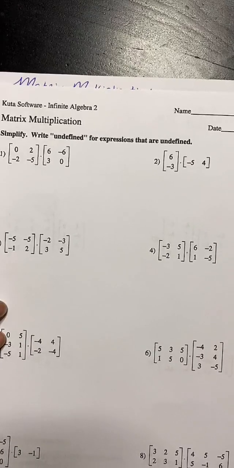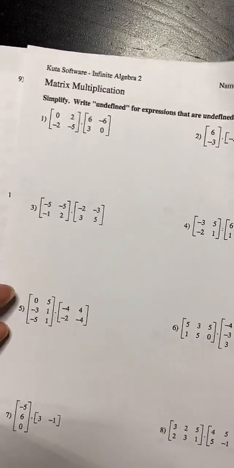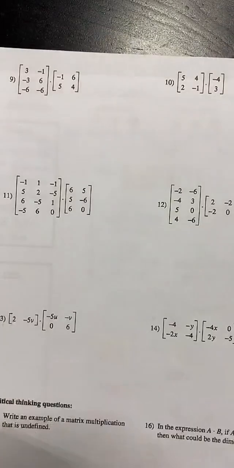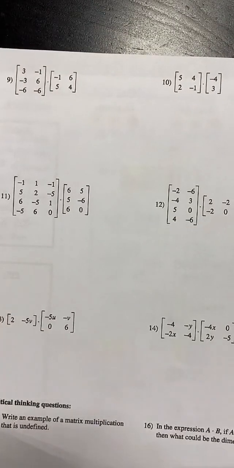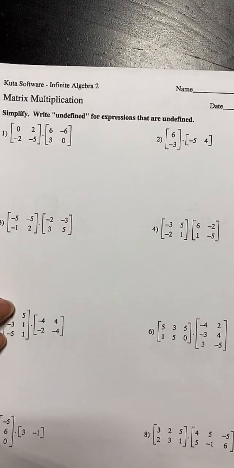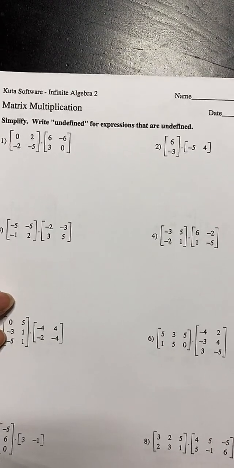Give kids choice. If you pull something off of online and you see there's 14 problems, depending on the kids, depending on the class, you can say, all right, I want you to pick 7.